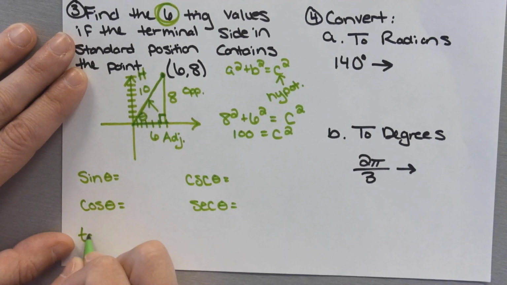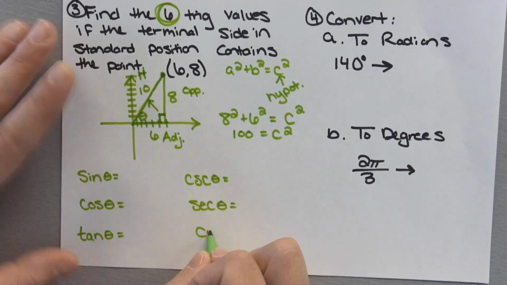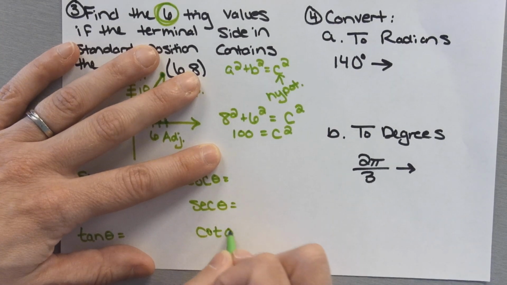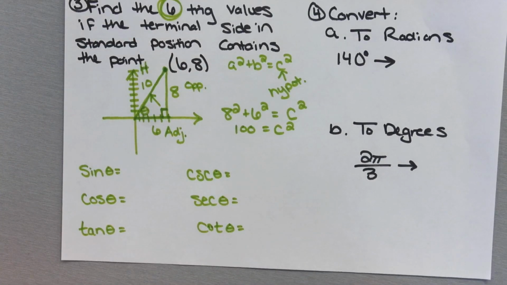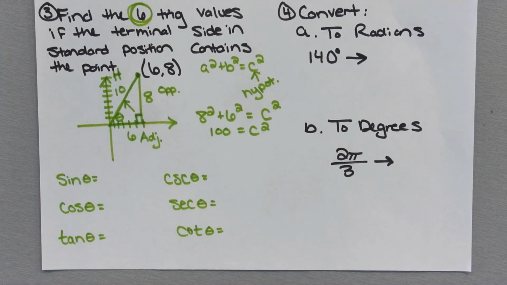And then tangent, and who is tangent's reciprocal buddy? Cotangent. Remember, when you're doing these, we want to make sure that we reduce our fractions and also that we don't have any roots in the denominator. But am I going to have an issue with roots here? So that's good news at least, right? That takes one issue off the table.